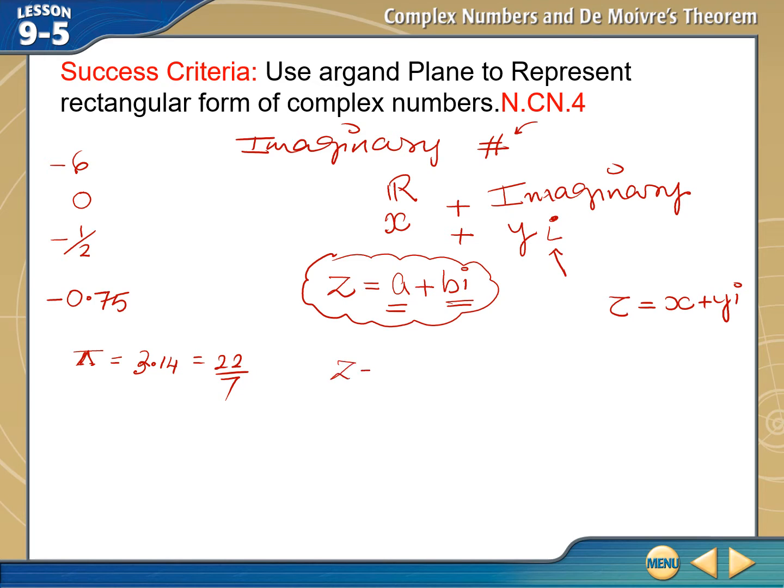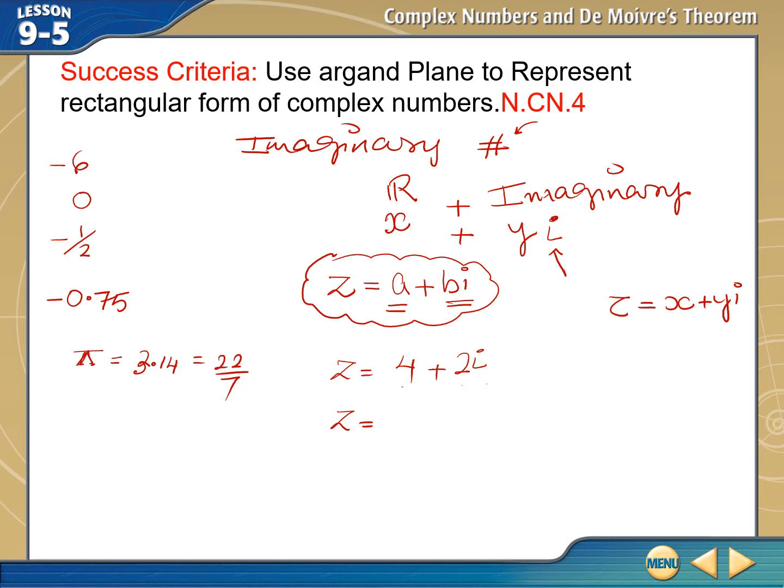For example, z equals to, write any number, for example 4, and write an imaginary number, let's suppose 2. When I write the imaginary 2, then I have to write i also. So now the 4 is the real number and 2i is the imaginary number. Let's think of one more number which contains the real part and the imaginary part.